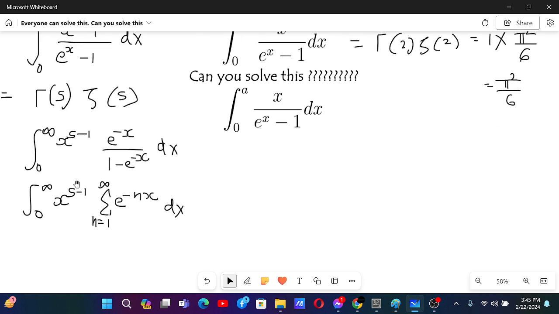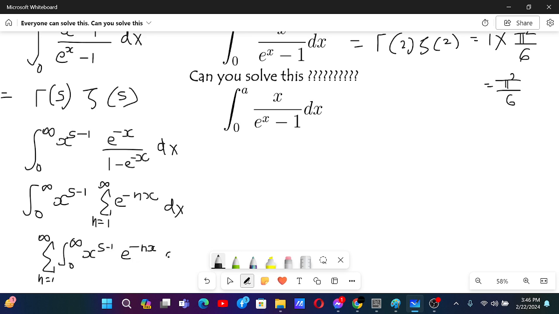Now we can take this constant inside and interchange the sum and integral from the dominated convergence theorem, and so we have x to the power s minus 1 e to the power minus nx.